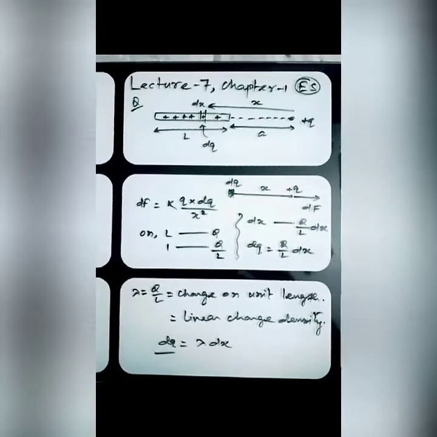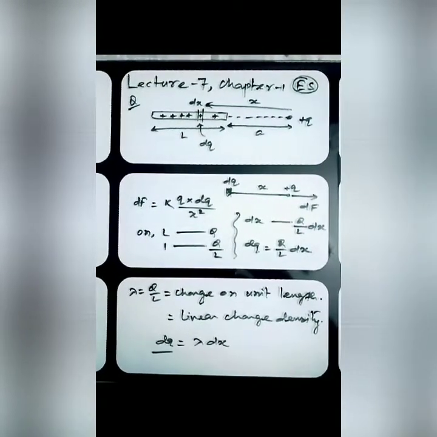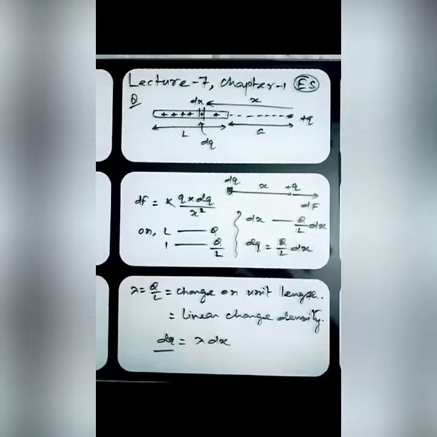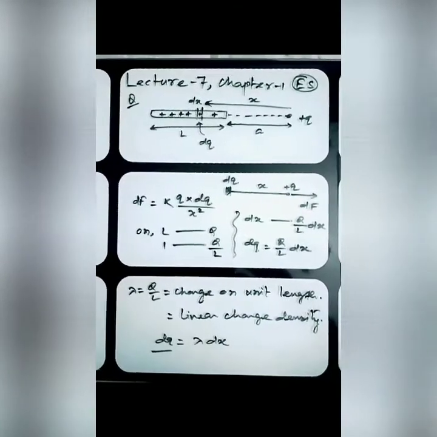This Q by L is also the charge per unit length, that is the linear charge density, which can be represented as lambda dx.